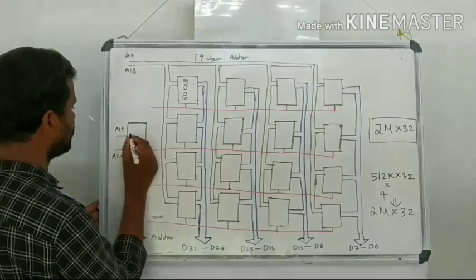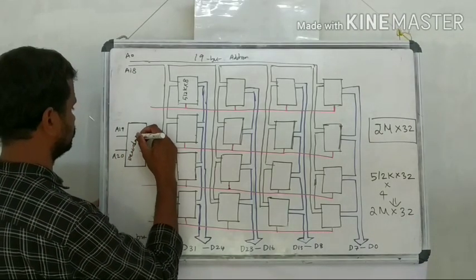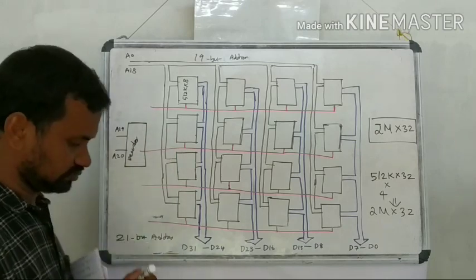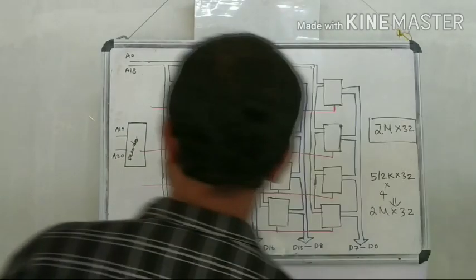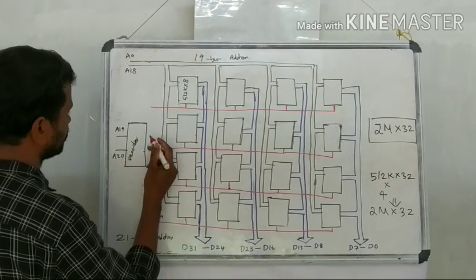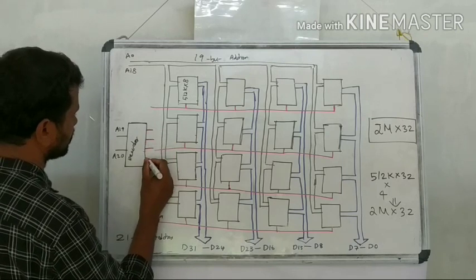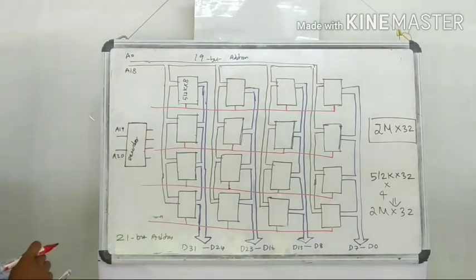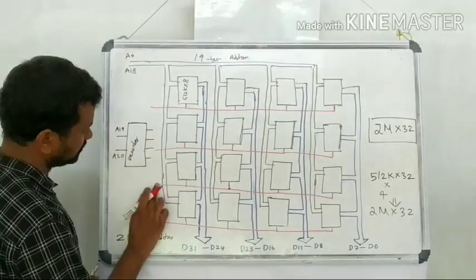This is a decoder, and we will have 4 output lines based on the input address of 2 bits.